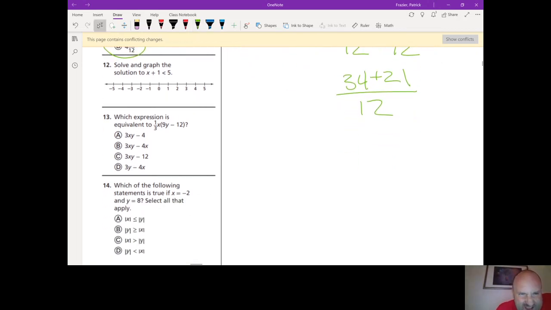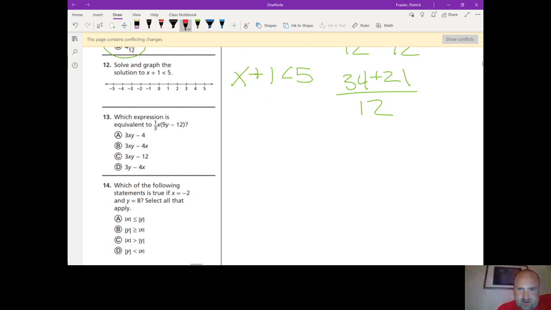Problem 12 says solve and graph the solution to x plus 1 is less than 5. So we have x plus 1 is less than 5. We just want to get the x by itself, so I'm just subtracting 1 on both sides.